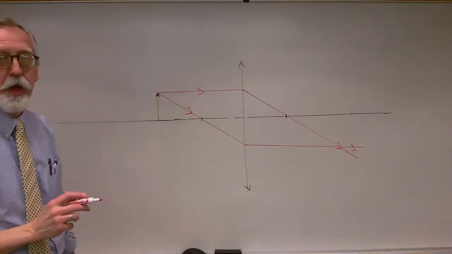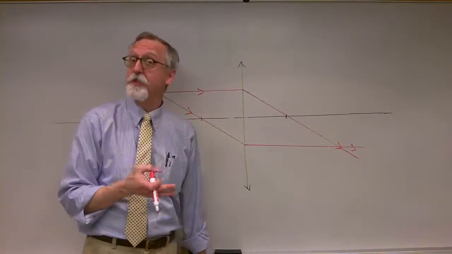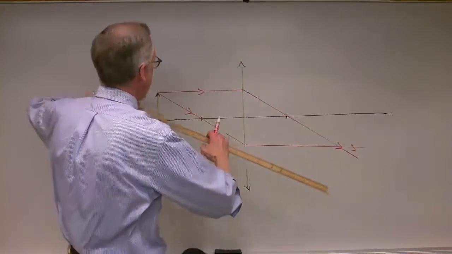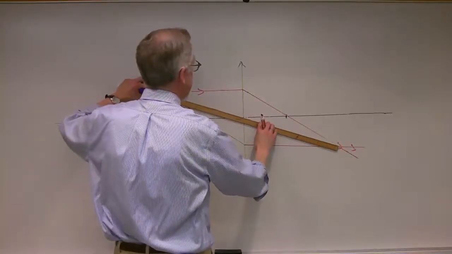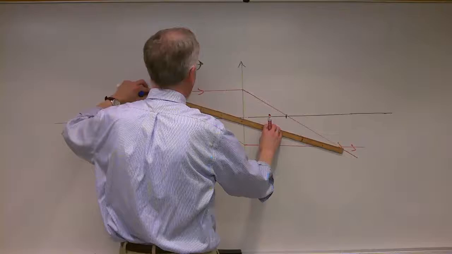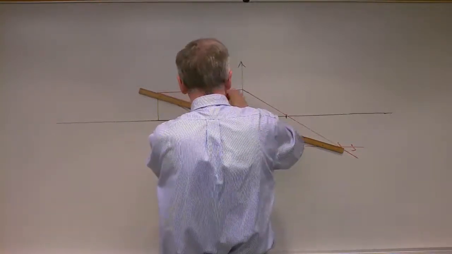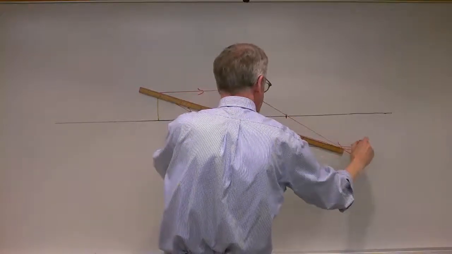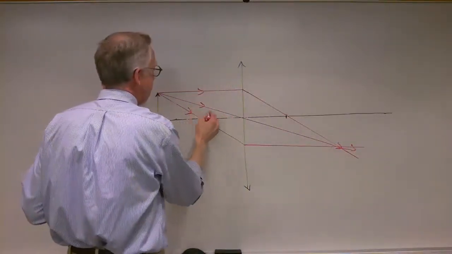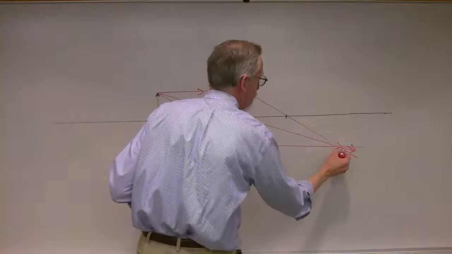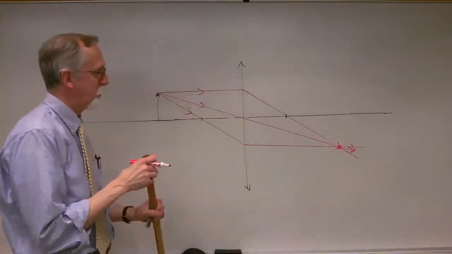There we go. Our third ray is the one that goes through the center of the lens. So we'll draw one more ray through the center of the lens, and if we draw this carefully, and I tried to do it as carefully as possible, then what we find is that that central ray goes right through the same point.